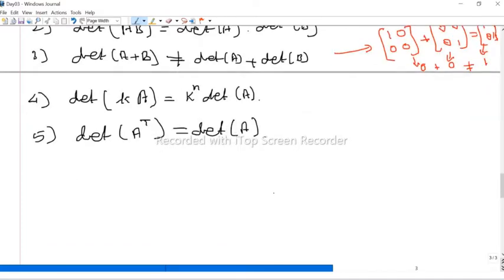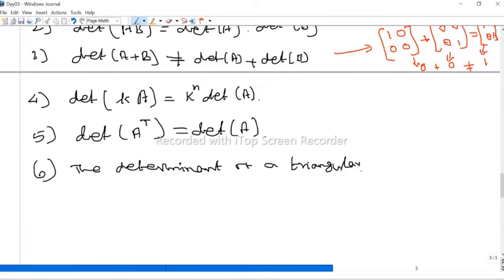Suppose we take a triangular matrix, the determinant of the triangular matrix is nothing but the product of the diagonals. That is also very important. So the determinant of a triangular matrix, maybe upper triangular or lower triangular, is the product of the diagonal elements.